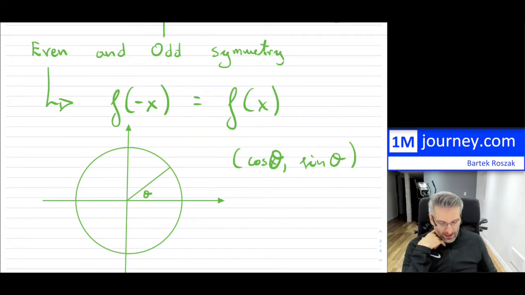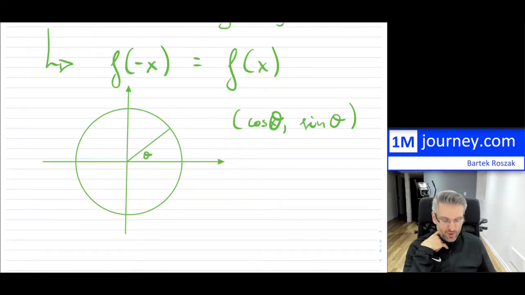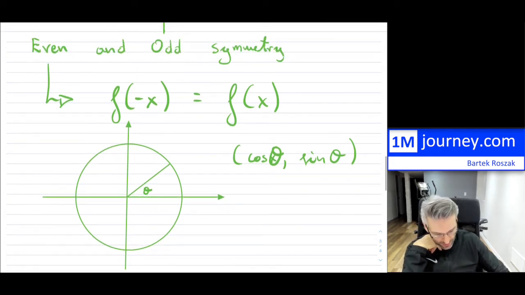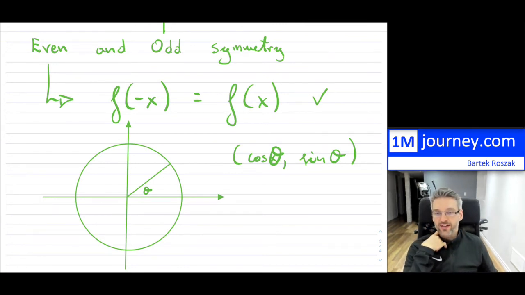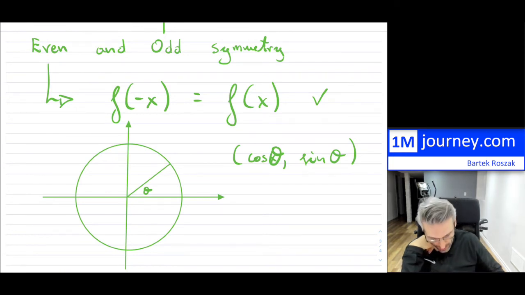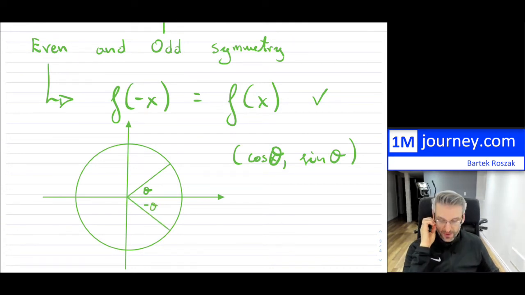Now, for an even function, which one is it going to be, cos or sine? For even, we need f of negative theta if I'm talking about the angle itself. If I put in a negative angle in this direction, so this would have been negative theta, on the opposite side, what do I notice?